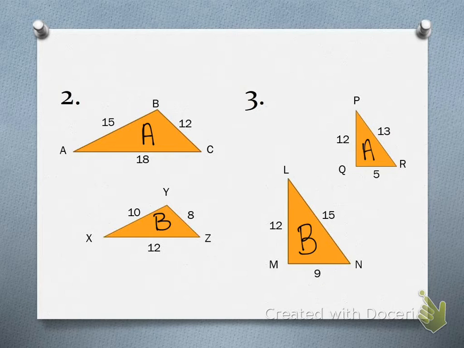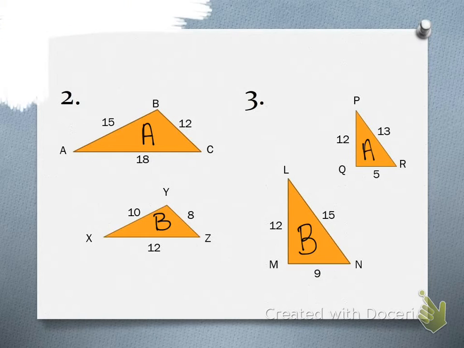I believe we should, so let's double check it. Let's start with B just to make it easy. What's the smallest side from triangle B? Smallest side from triangle B is 8. So we would be comparing 8 to the smallest side of the other one. Somebody said it, 12.